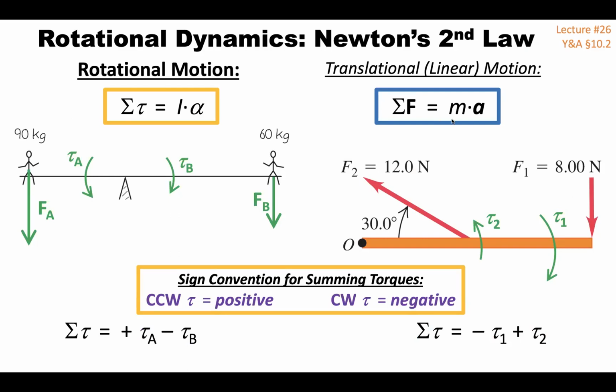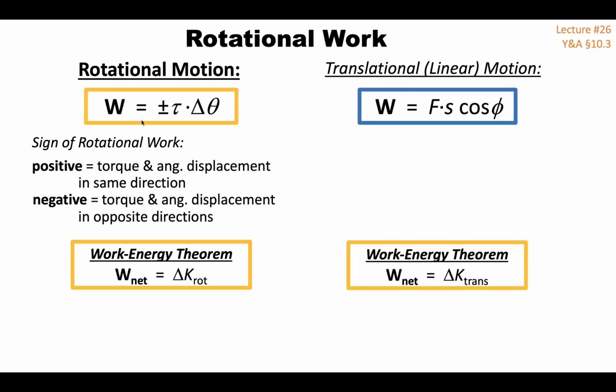We can follow the same pattern we did before, where we think about the rotational analog for each of the variables in the translational equation. So acceleration gets replaced by angular acceleration, mass gets replaced by moment of inertia, and the net force gets replaced by the net, or sum, of all the torques acting on the object.